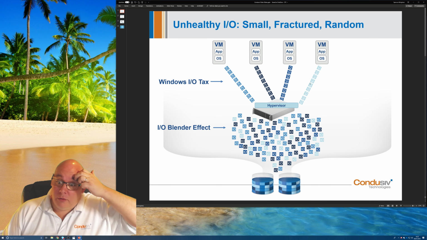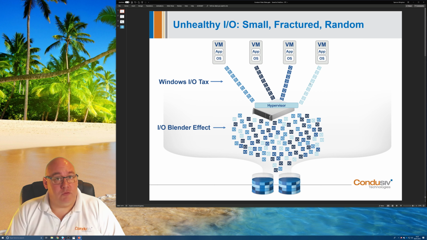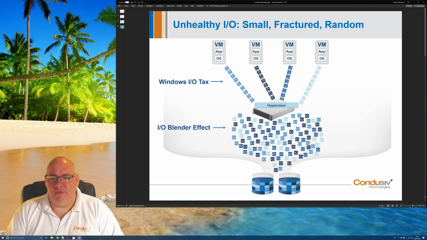In the real world, an average gigabyte of storage I/O traffic that perhaps should take maybe 2,000 I/Os to complete could be taking 30,000 or 40,000 or even more to complete. That's very, very inefficient.